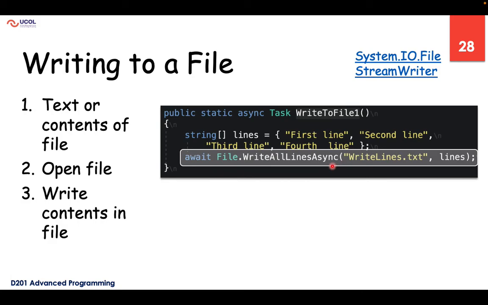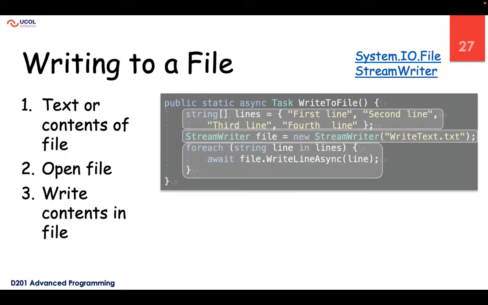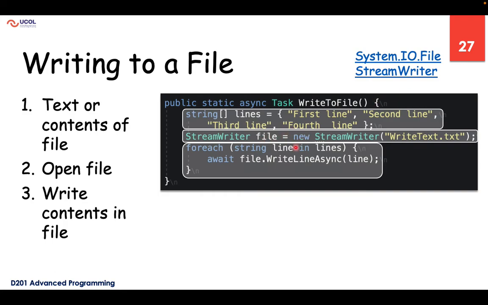Okay, so we have different ways, whether we use the static method in File or we use the StreamWriter that helps us to write line by line. It will give us more control. We can apply certain constraints about which line needs to be written and which line doesn't need to be written, and so on.